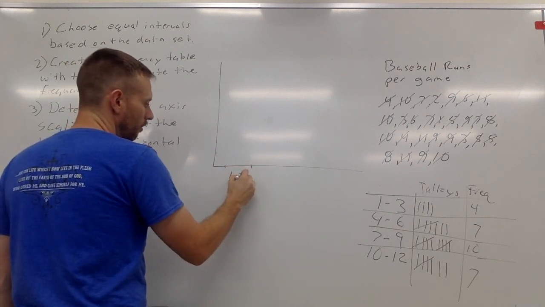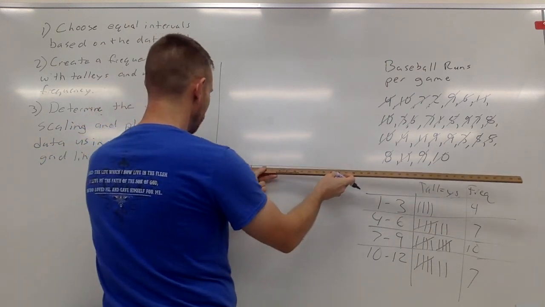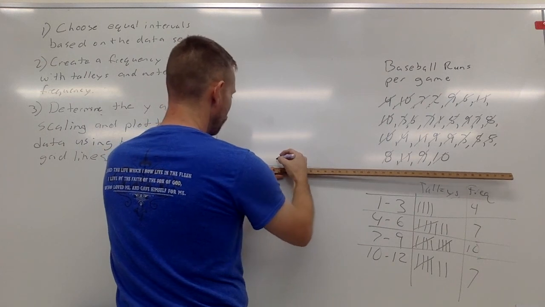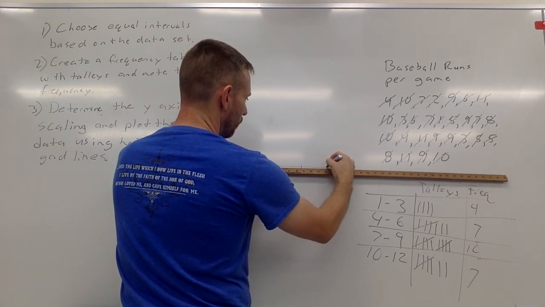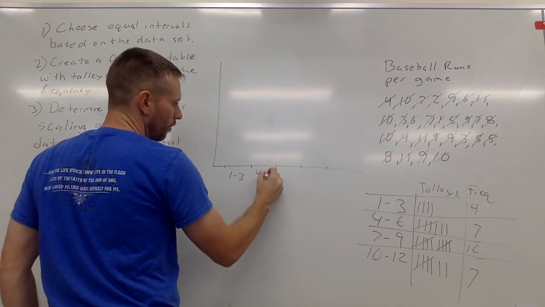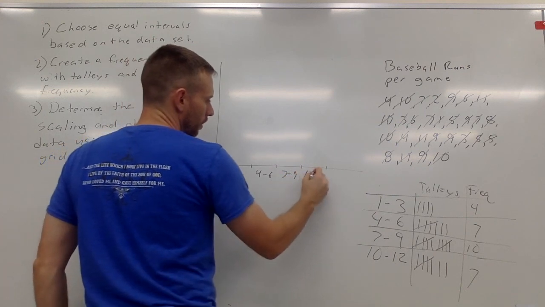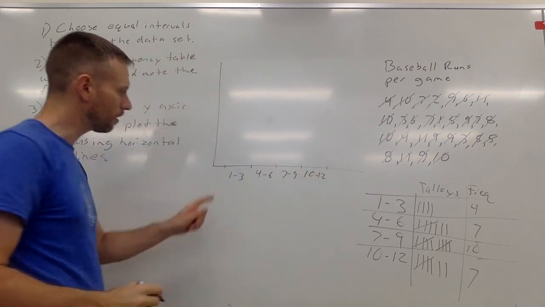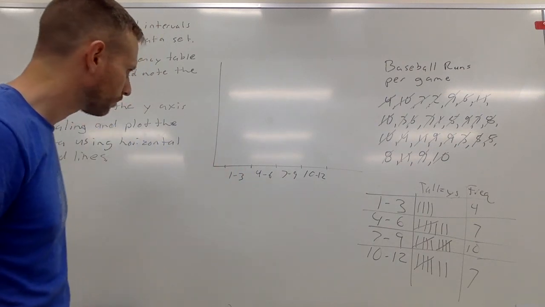I'm going to make this 1, 2, 3. And if I want it to be really accurate, which we do, we'll use a ruler. So that's 3.5 inches, and 7, and 10.5, and 14. Okay, so this is 1 through 3, this is 4 through 6, this is 7 through 9, and this is 10 through 12. And you'll notice on a histogram, there's no spaces between these.